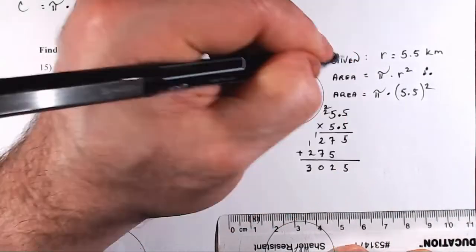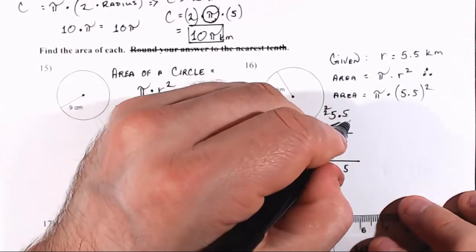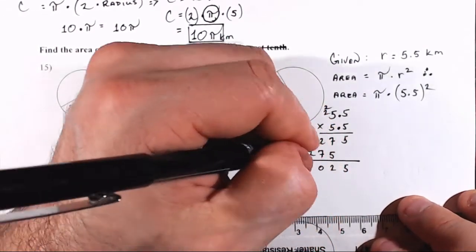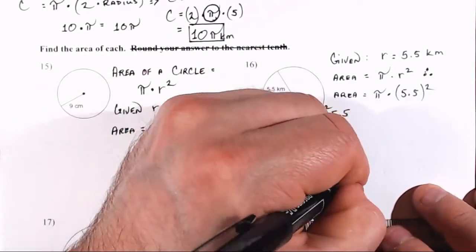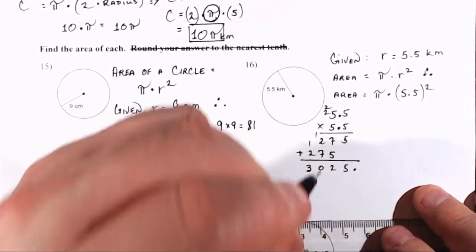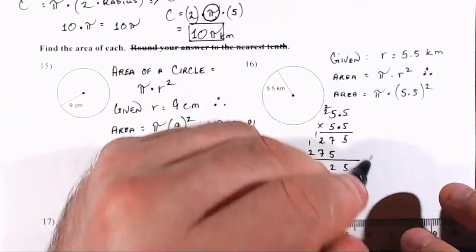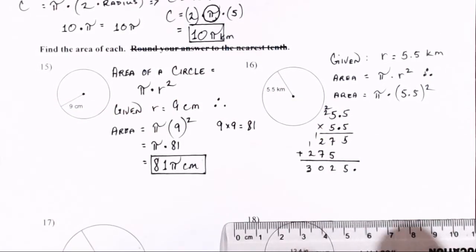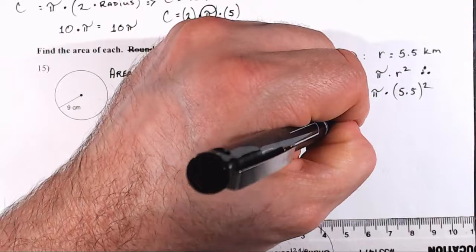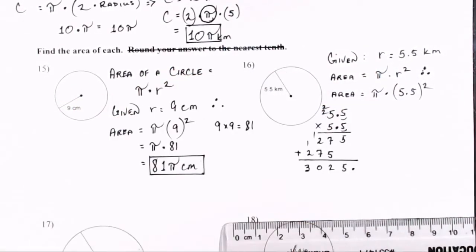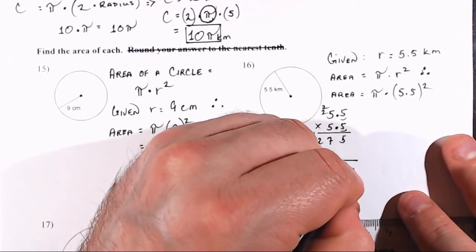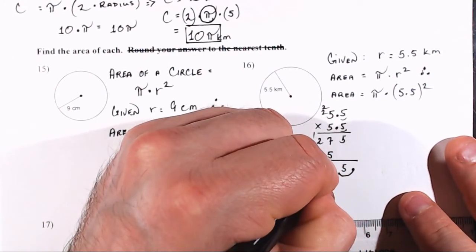I have these decimal points here, so there's 2 of them, therefore 5.5 times 5.5 is 30 point. Now look, here's what you got to do. You got to count up how many spaces you got after your decimal places. Here I've got 1, and here I've got 1. So I'm going to move over 1 plus 1 space, 2 spaces. 1, 2.